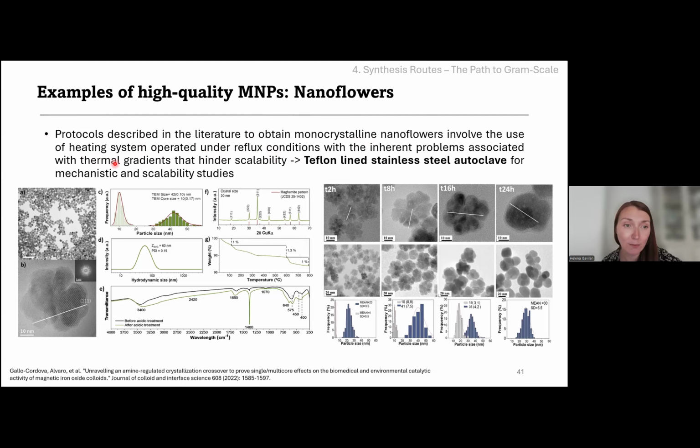So you will have more thermal gradients that hinder scalability. So the synthesis of the nanoflowers was demonstrated in this kind of reactor. We have nanoflowers that are pretty similar to those obtained under reflux conditions. You can tune the synthesis time in order to tune the structure of the nanoflowers.